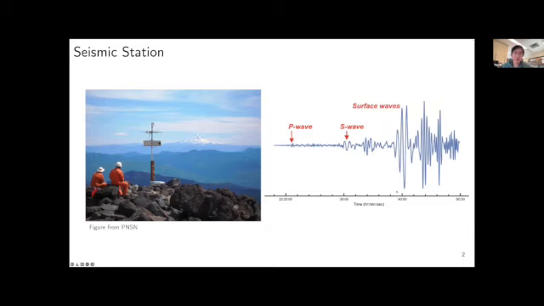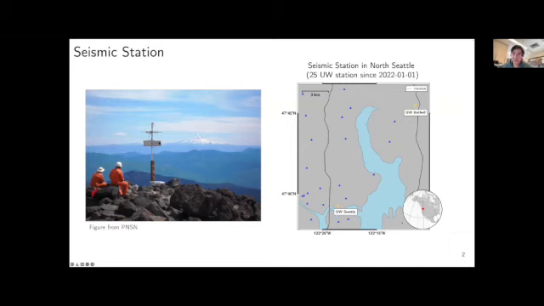Each requires a lot of regular maintenance. In the North Seattle region, it could be easier to install stations, but there are still only like 25 stations installed, indicated by these blue triangles. Please keep 25 stations in mind, since we will see later how a new method revolutionized the seismic observation.